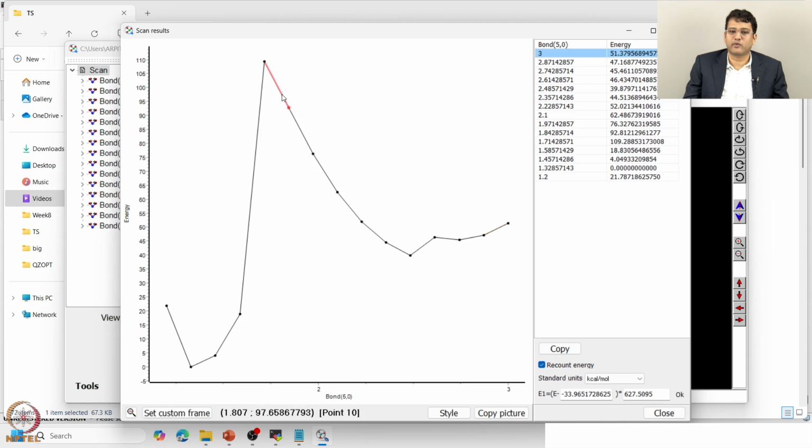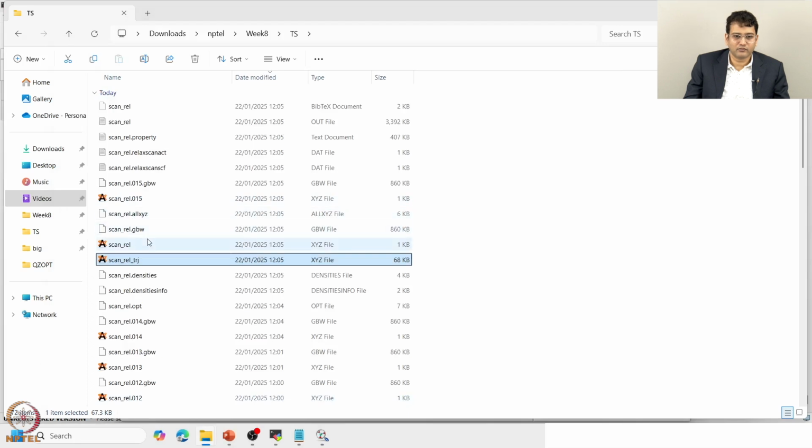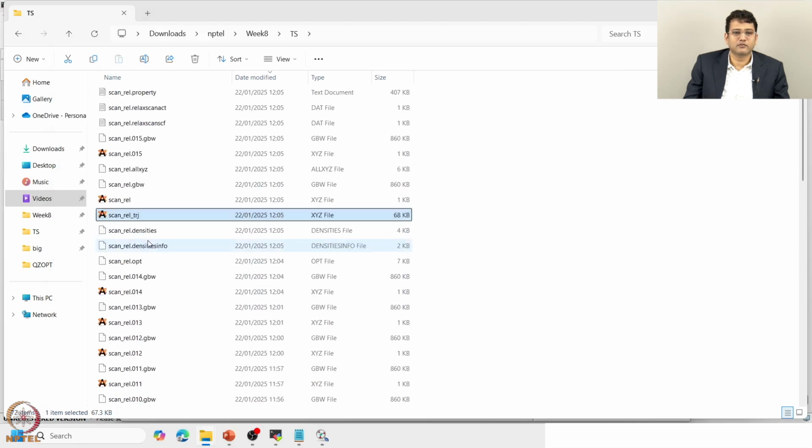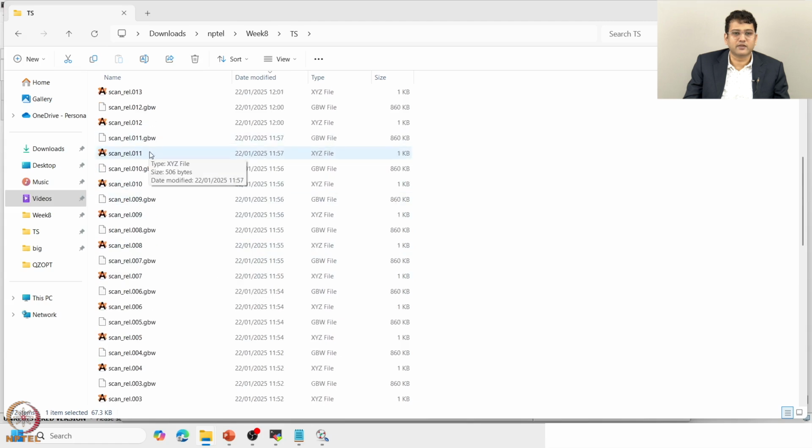So, then this will be point 10, that means this is point 11. So, this point is actually point 11, because if you start here this will show as 1. So, now let us go and open point 11.